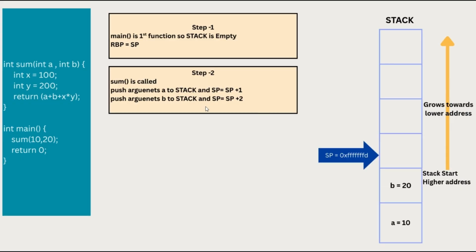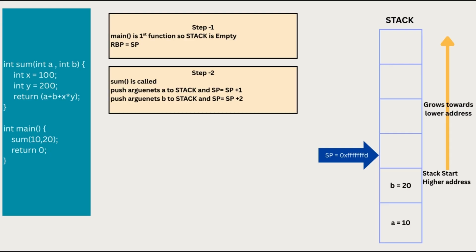Your arguments will first be pushed to the stack and the stack will be decremented, going to FFF, FED, FD, you can see, and A and B are copied to the stack.